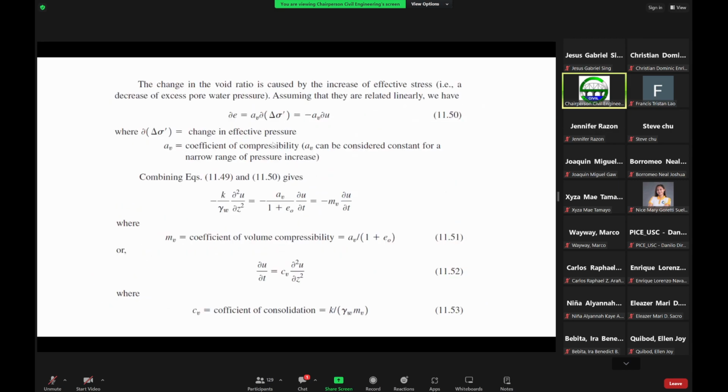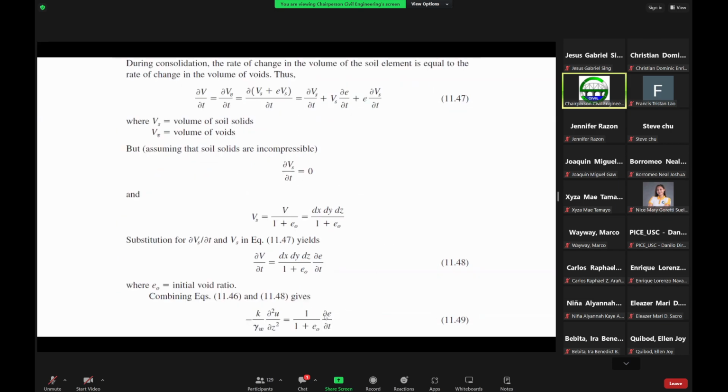So that means the change in the void ratio is equal to the increase in the effective stress, which is equal to the decrease in the pore water pressure, multiplied by the coefficient of compressibility A sub V. So that means we can substitute this one here in this equation.